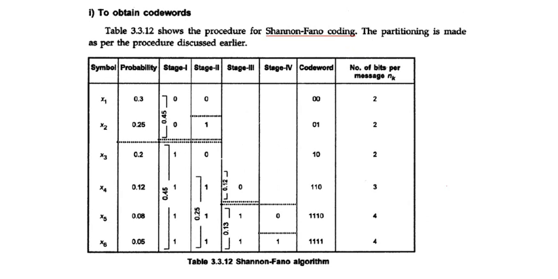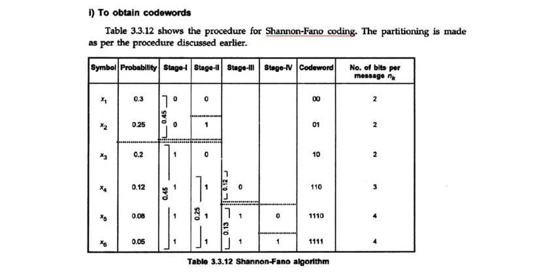So x1, x2 belong to one group and x3 to x6 belong to another group. The first group is denoted with binary 0 and the next group is denoted with binary 1. Then we go to the next stage, because still each group does not contain a single symbol, so we should process further stages.